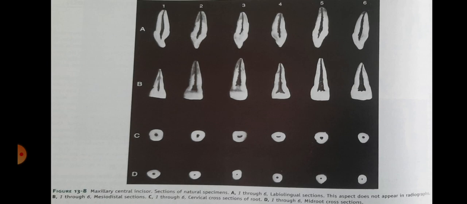Apical constriction is present slightly labial, not at the apex, right? In 3, 4, 5, slightly labial, not at the tip of the root.